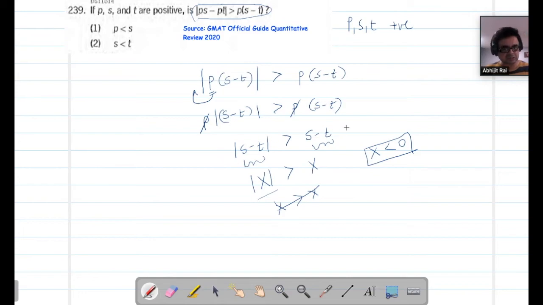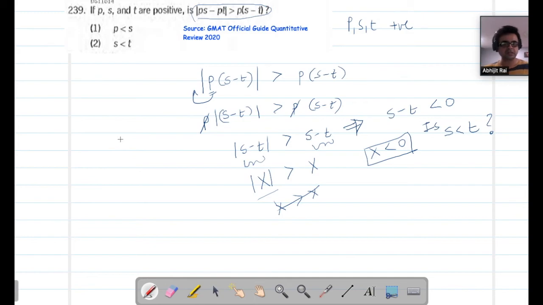So this inequality can only happen when S minus T, which we called X here, is less than 0, or S is less than T. So what we come to just by reasoning itself is that the question, which looked very complicated, is essentially asking a very simple thing. Is S less than T?